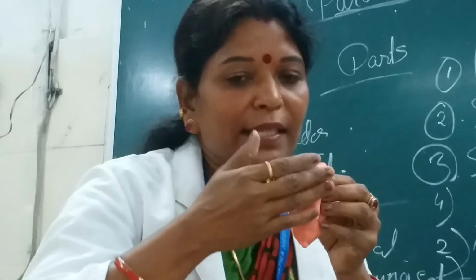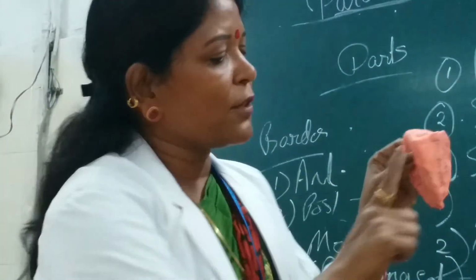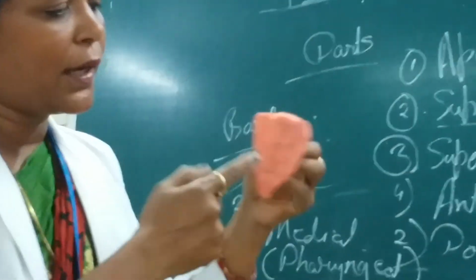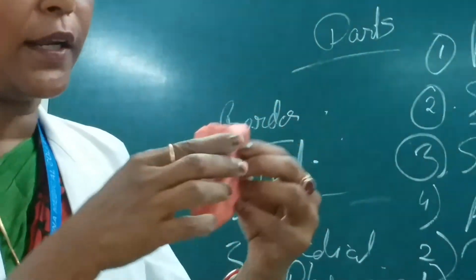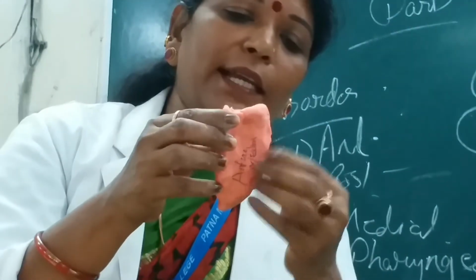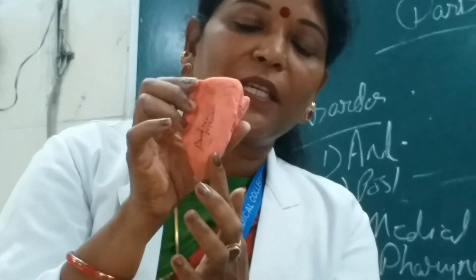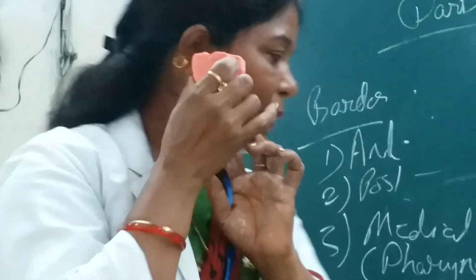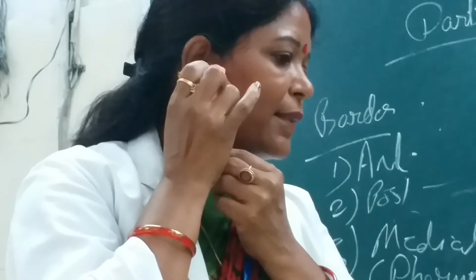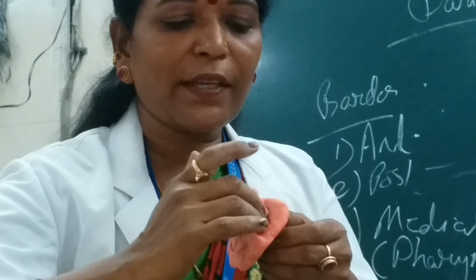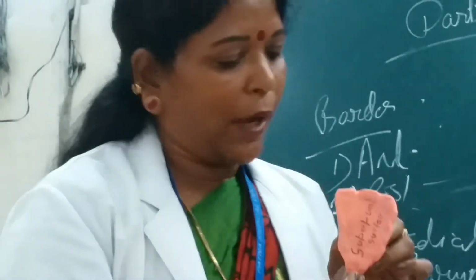So this is the anterior border and just opposite this is the posterior border. The border facing medially will be the medial border. So you will keep the parotid gland like this: anteromedial surface, posteromedial surface and the lateral surface. This is the superior surface and this is the apex of the parotid gland.